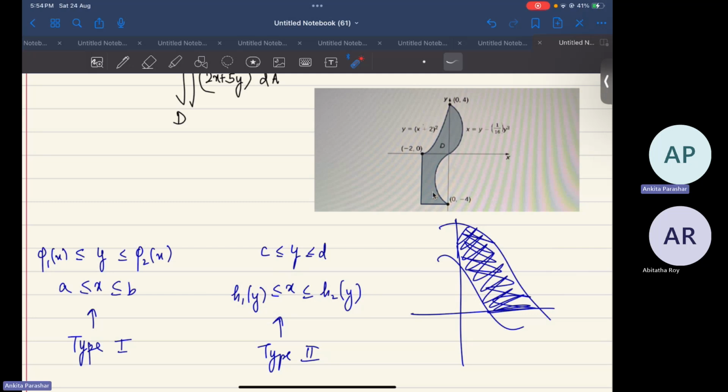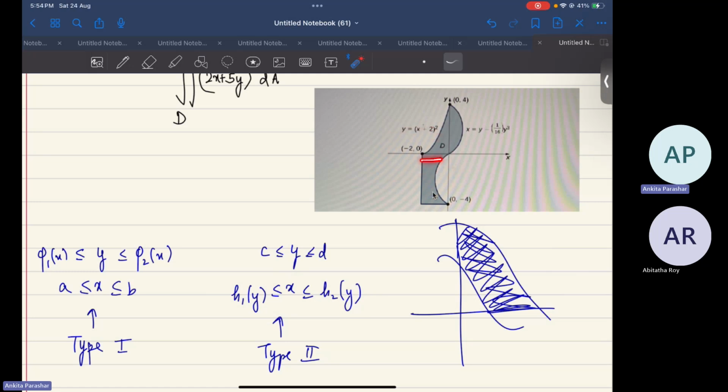Now let's look at the graph to see whether it is type 2 or not. I'll start drawing the lines parallel to the x-axis. This is my phi 1, this is my phi 2, till this part. As soon as I cross, this becomes a different curve, phi 1 prime. These two curves are completely different, right?